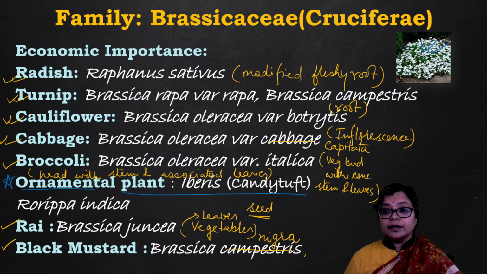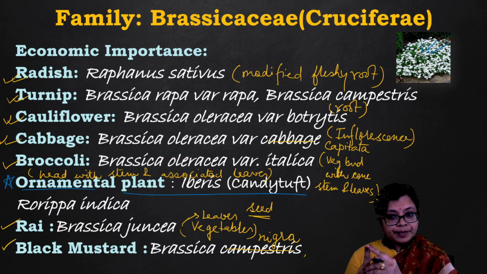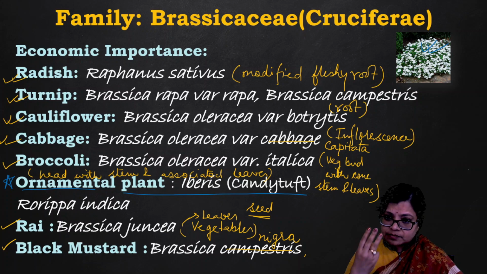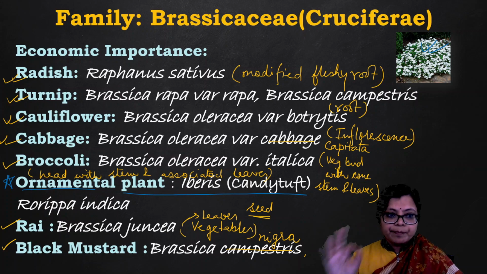This plant possesses very unique features. Can you tell me what we have learned? First one, corymb inflorescence, while in other members we observe simple or compound raceme inflorescence. Second, we have learned zygomorphic flower in Iberis. Third, we have learned silicula type of fruit. These three characteristic features for the candytuft are to be remembered.